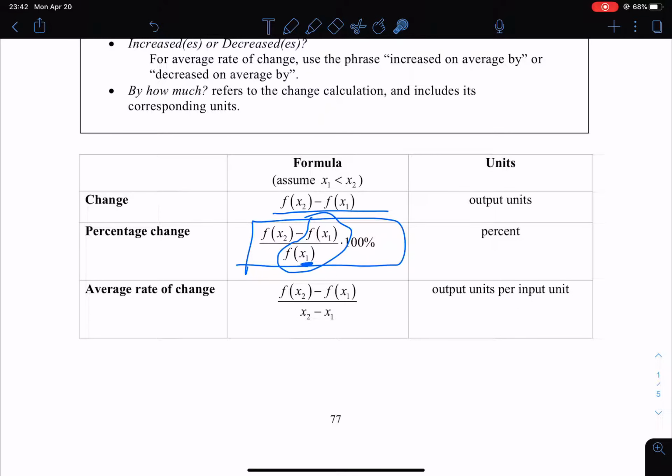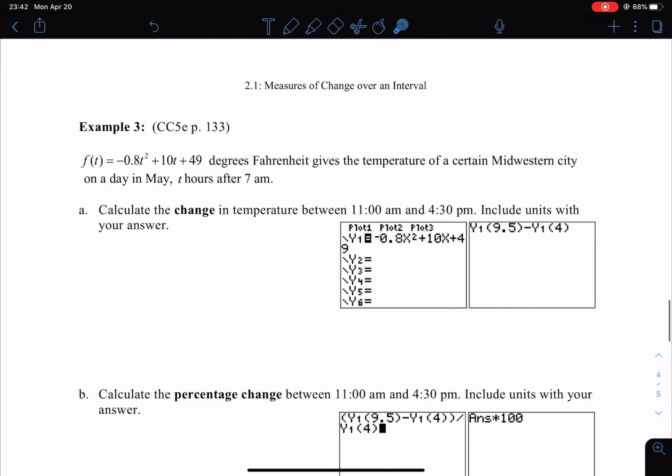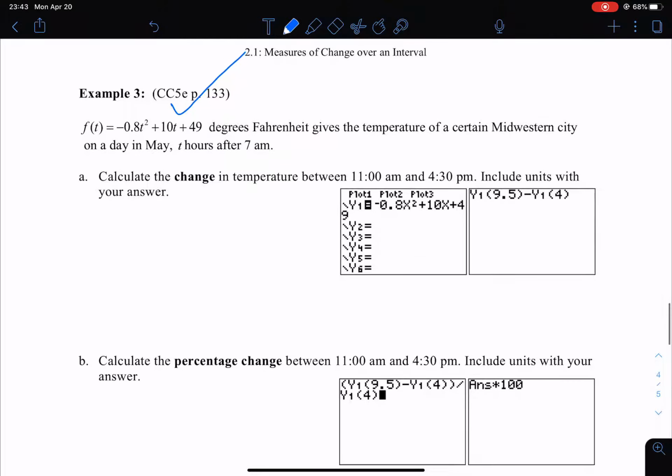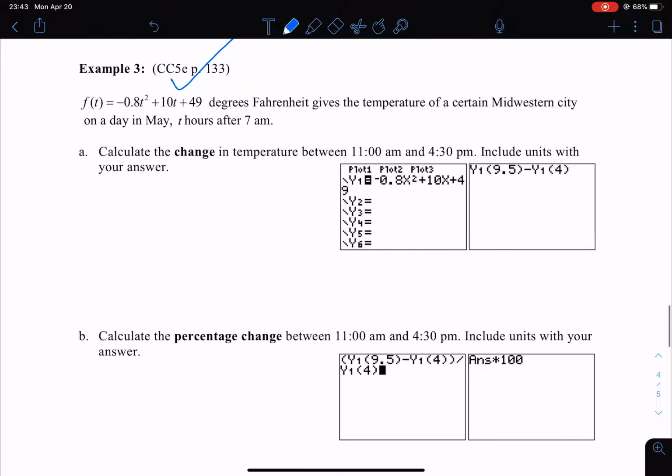Let's see one example, example 3. We are given a function equation f of t, and the input is t.